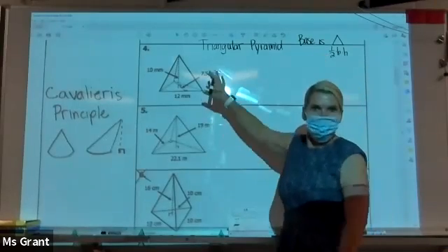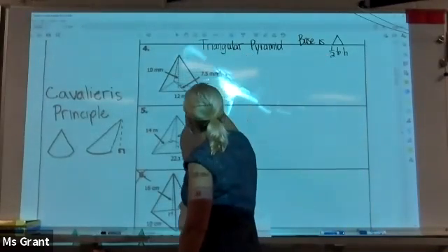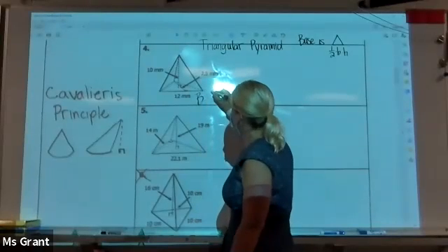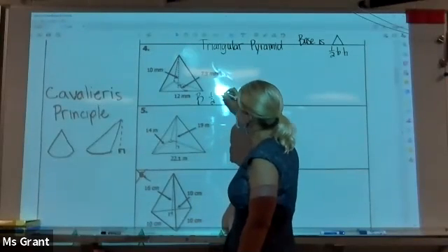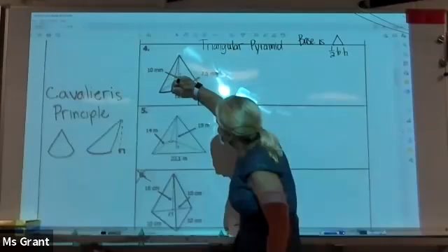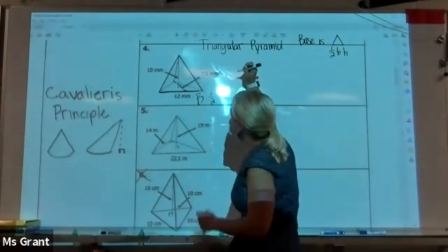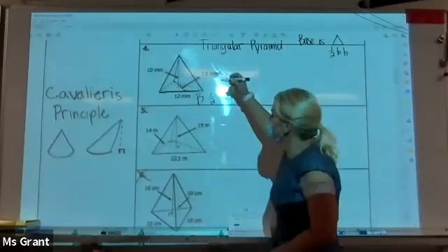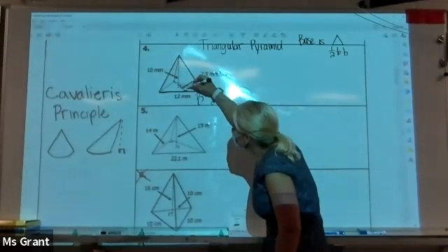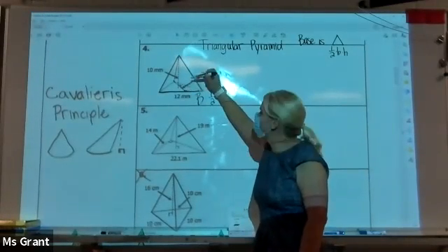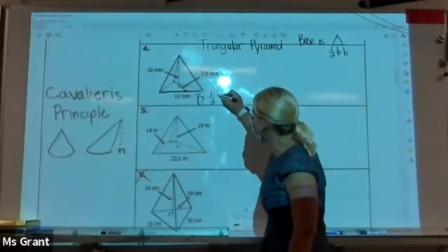So on number 4, the base, the big B, is going to be 1/2. Okay, 12 is going to be my base, and then it tells me, see how it goes through, it tells me with this little right angle right here. See that little right angle? That tells me how high my base is. My base is 7.5 high.